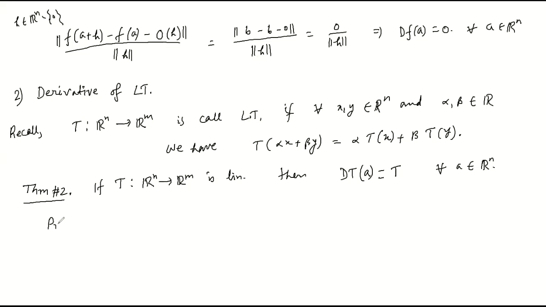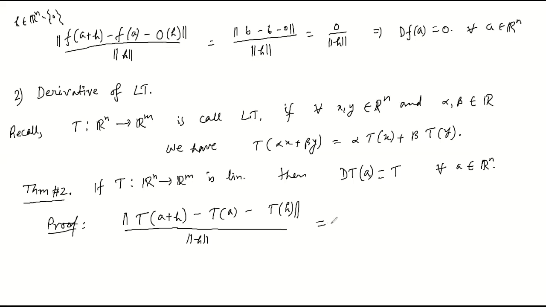Well, the proof of theorem 2 is the following. Consider the norm of T of a plus h minus T of a minus T of h, over norm of h, where h belongs to Rn minus 0. Using the definition of a linear transformation, T acting on a plus h equals T acting on a plus T acting on h, and minus T a minus T h. So the numerator is equal to 0, and 0 over norm h is equal to 0.